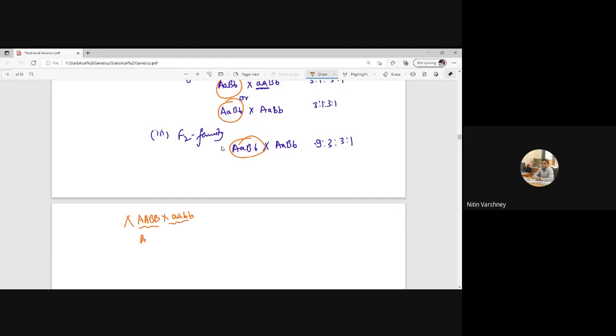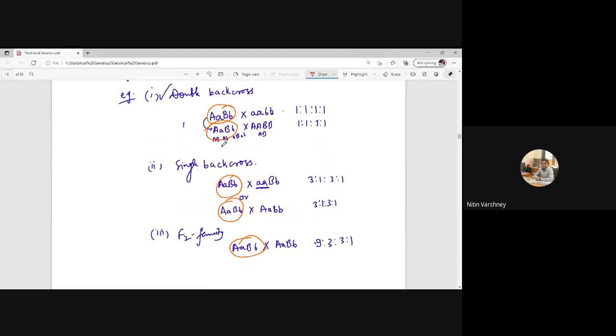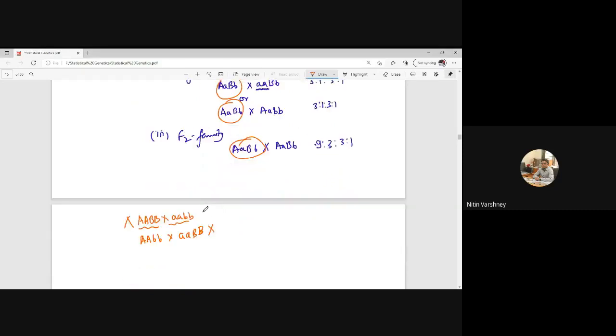Or if the option is Aa into AABB, linkage is also not present in this type of case. So we just have to check that one of the two parents is doubly heterozygous for finding whether linkage is present or not.